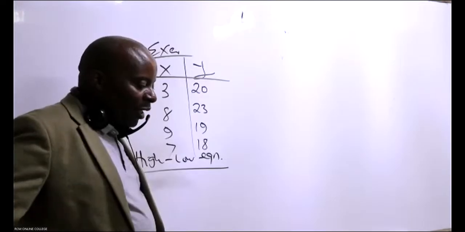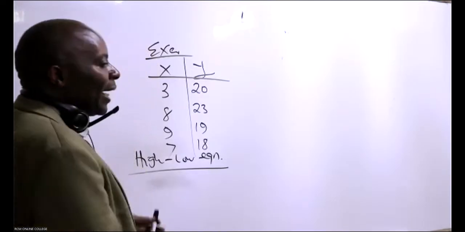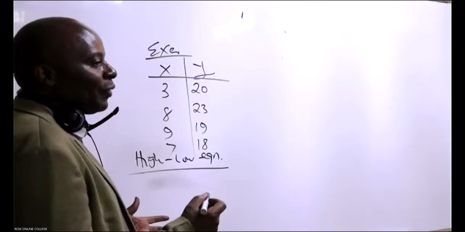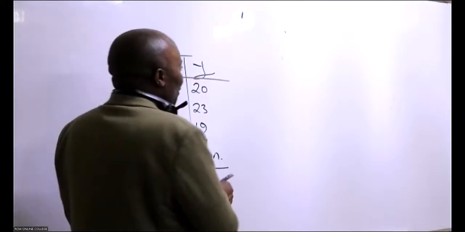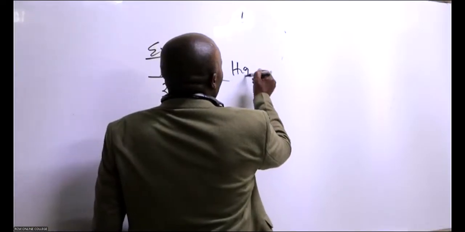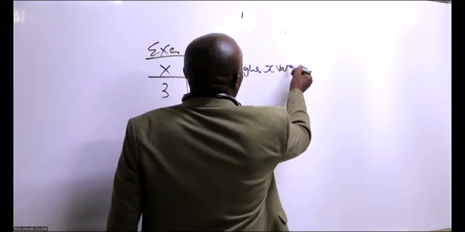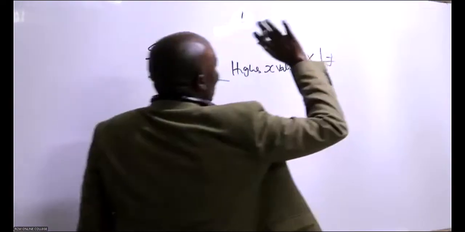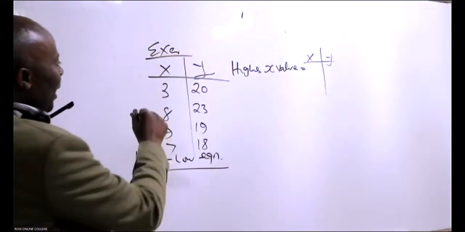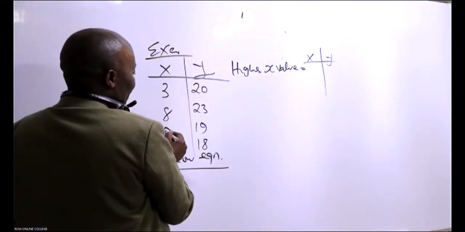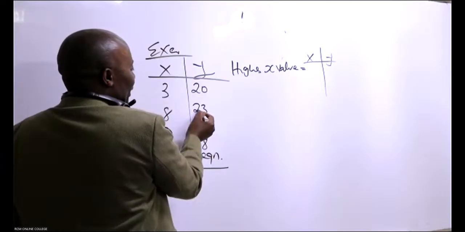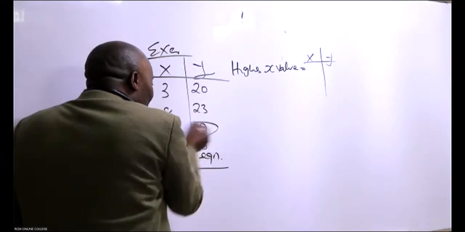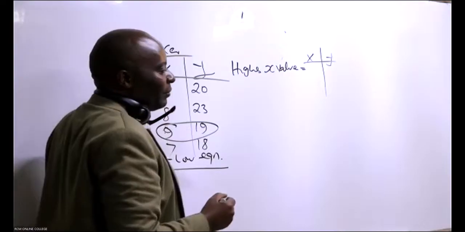So, ladies and gentlemen, kindly help me identify the highest x value point. You know, when we talk of the highest x value, we are very categorical. We are not looking at y at all, isn't it? So then the highest x is what here, somebody? So you don't say 9 and 23. It is this 9 and what here, somebody? 19.